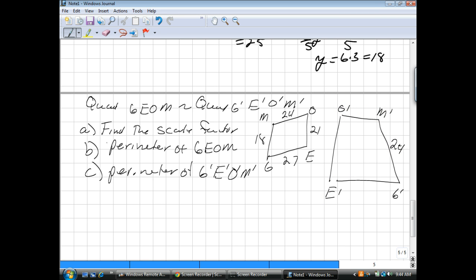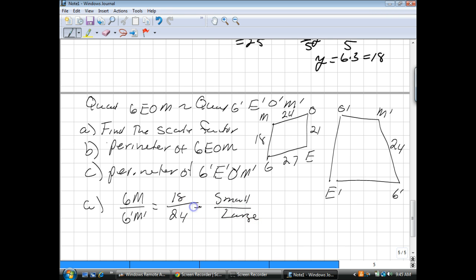Okay, so first of all, the scale factor. So I have to find a side that I know the length of. So I'm going to do a ratio of GM to G prime M prime. Okay, so GM is 18 and G prime M prime is 24. So notice now I'm doing small to large.